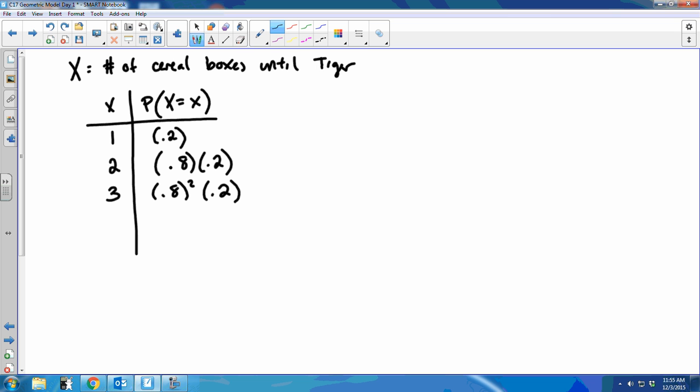So with this idea in mind, this is kind of what the geometric model is helping you to achieve, all right? It's helping you to figure out what the probability of getting the first something is in a specific number of trials. All right, it's going to give you a specific number. So what's the probability that you get the first Tiger Woods card on the 4th cereal box? Or what's the probability the first Tiger Woods card on the 7th cereal box?